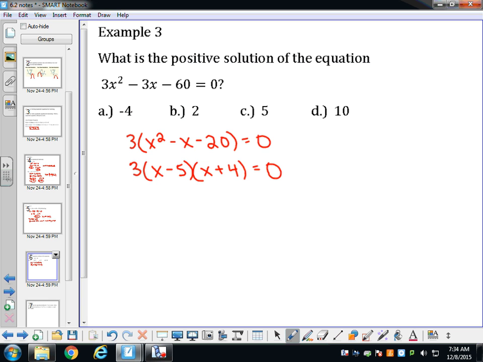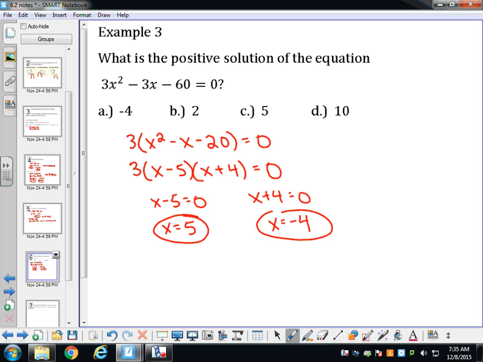Then set each of those factored terms equal to 0. So I get two answers, x equals 5 and x equals negative 4. Now, since it only wants the positive solution of the equation, my answer has to be C.